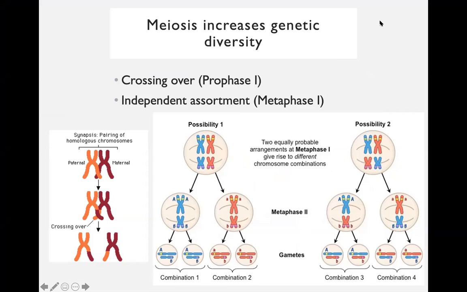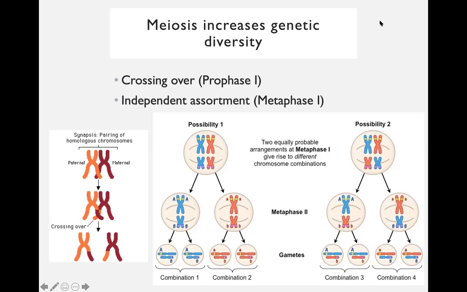So this slide is hopefully mostly a review. I talked about, and kind of harped on, where genetic diversity is introduced during meiosis. That's the really interesting and exciting part of meiosis: you mix up the genes. In mitosis, you're creating clones of cells, right? You're just creating the same genetic cell over and over again.